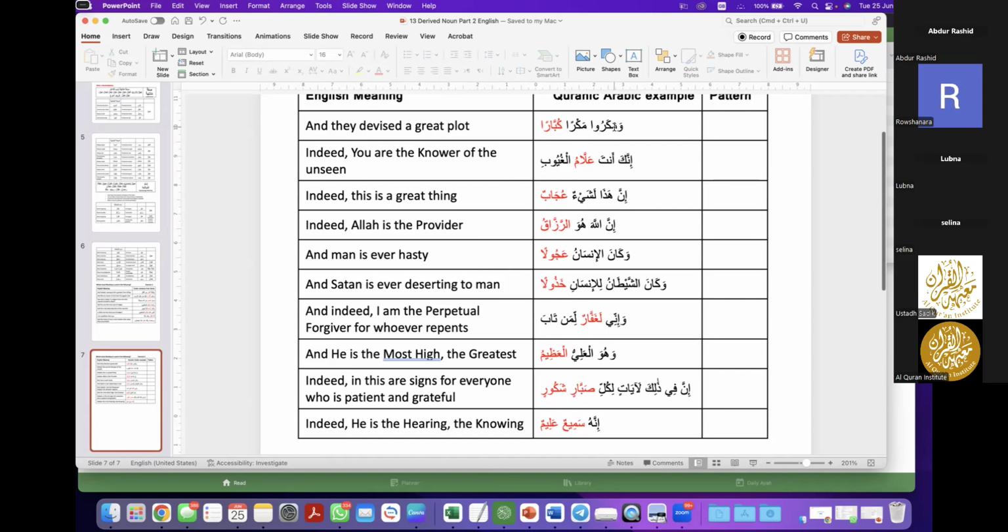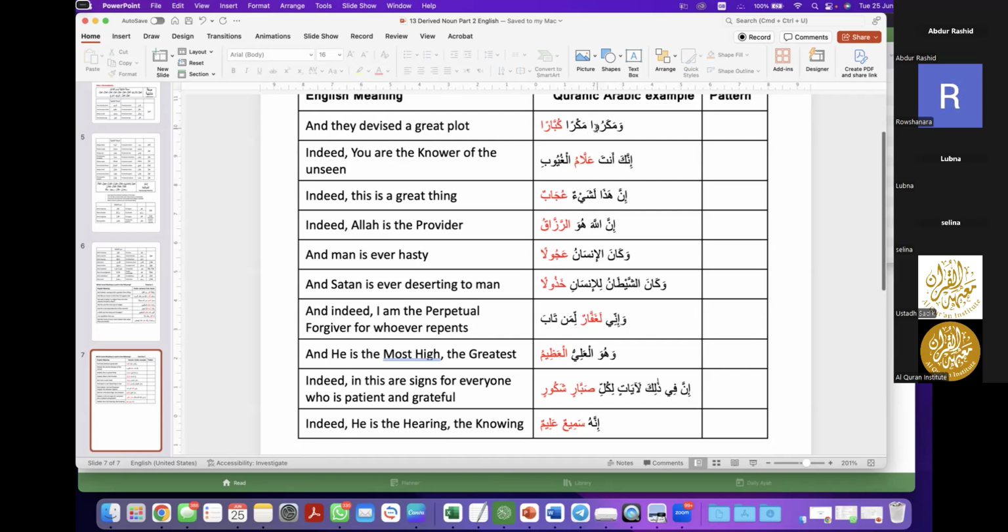I'll start with Sister Lubna, if you give the meaning, Ustadh. They devised a great plot. Now the word makaru, so they plotted. They made a plot.